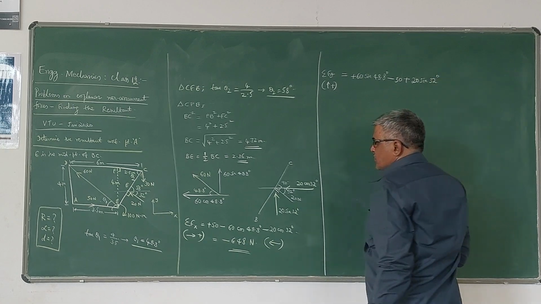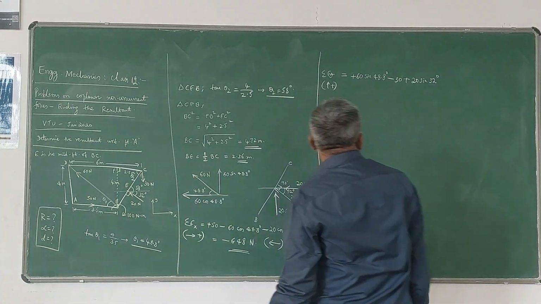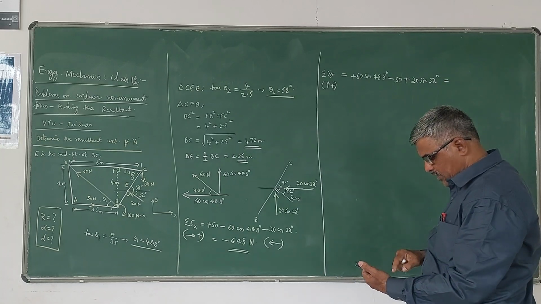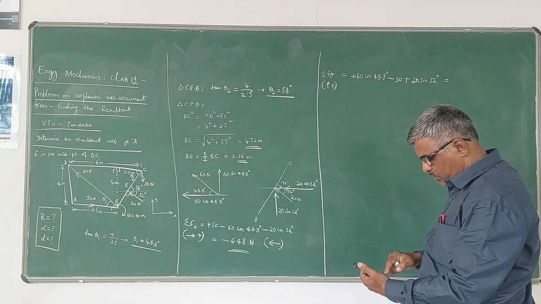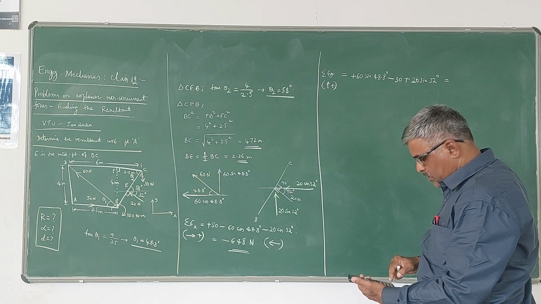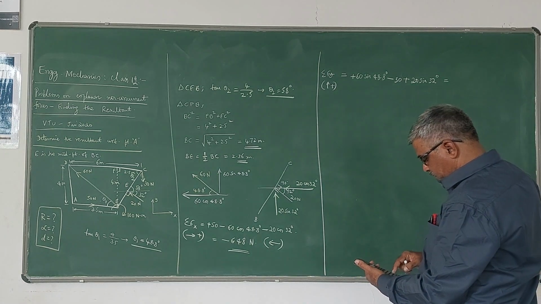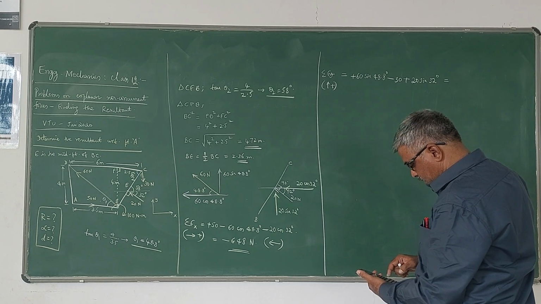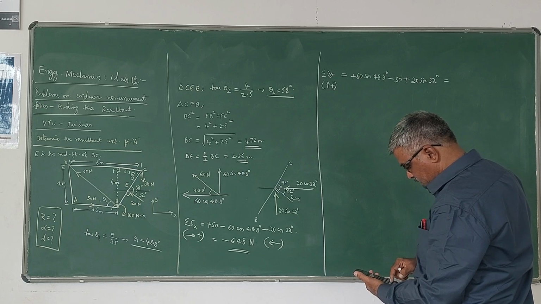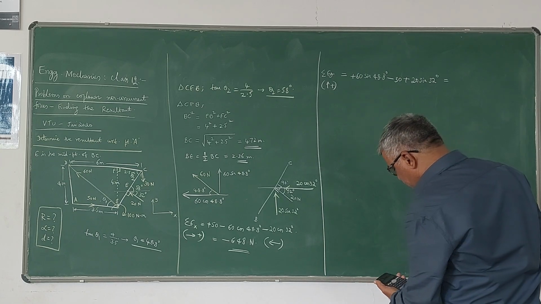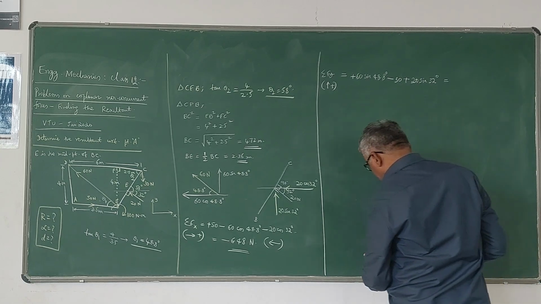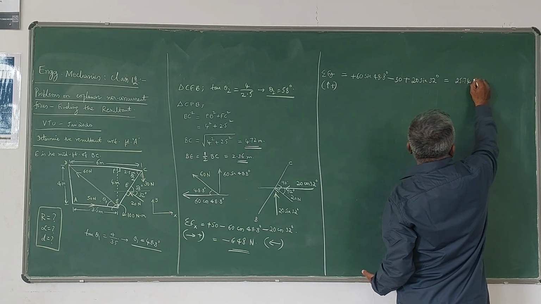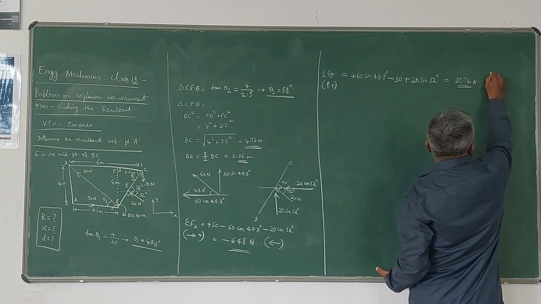Due to this moment there is no contribution. So simplifying, 60 sin 48.8 minus 30 plus 20 sin 32 comes out to be 25.74 positive. 25.74 Newton positive means it is upwards.